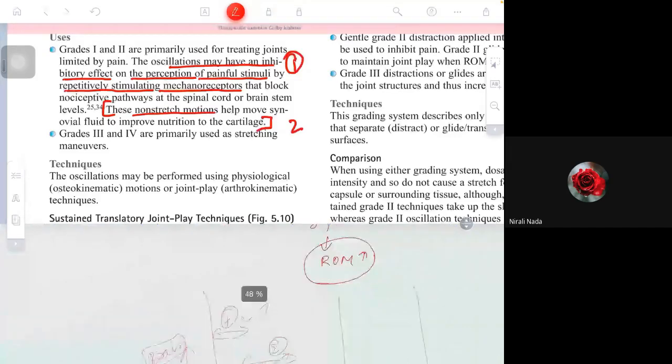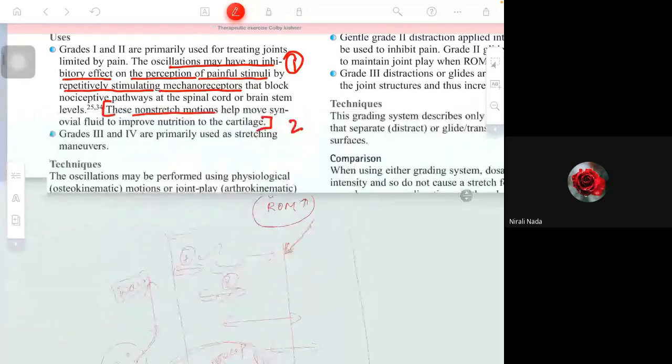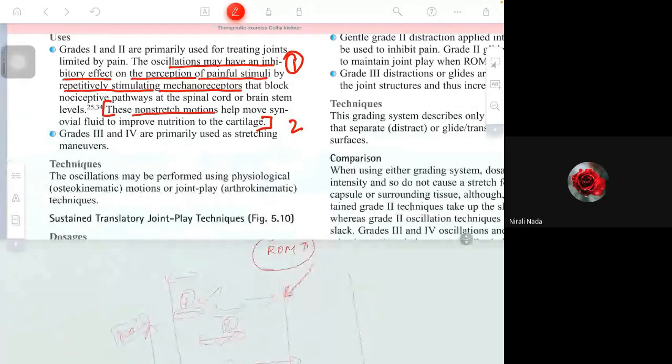Because it is not crossing the tissue resistance. This is tissue resistance. 1 and 2 you are not reaching. So it is called non-stretch motion. These non-stretch motions help move synovial fluid.